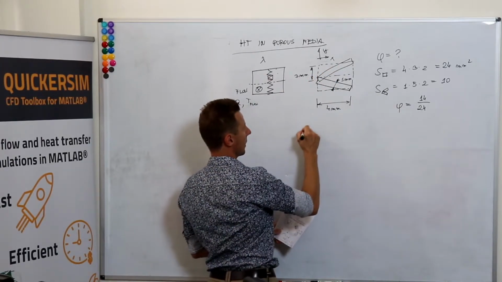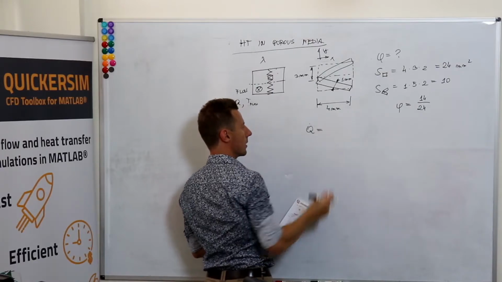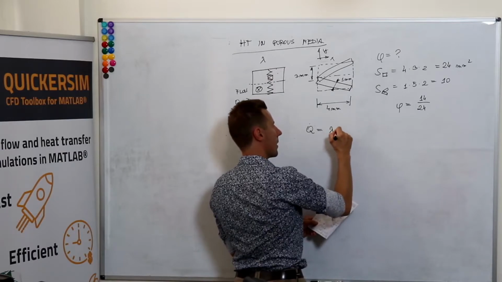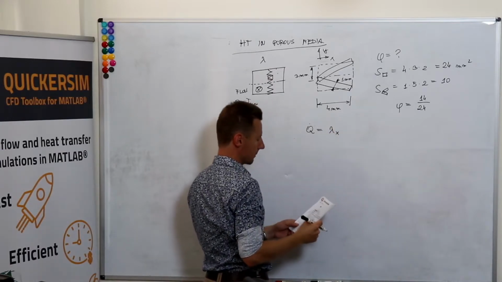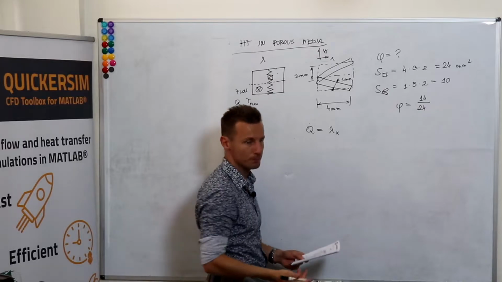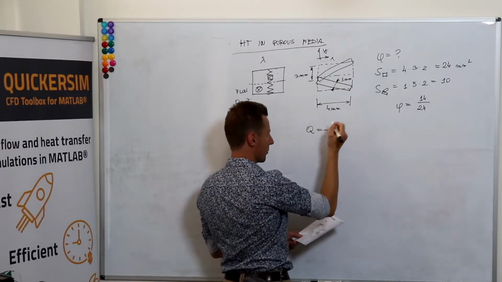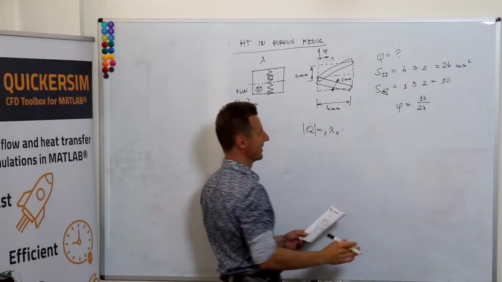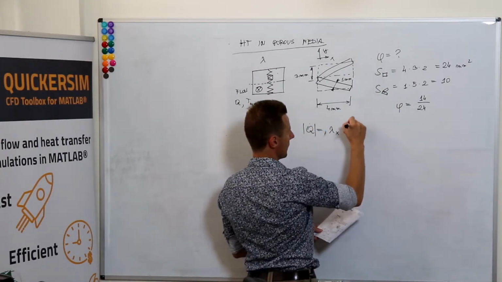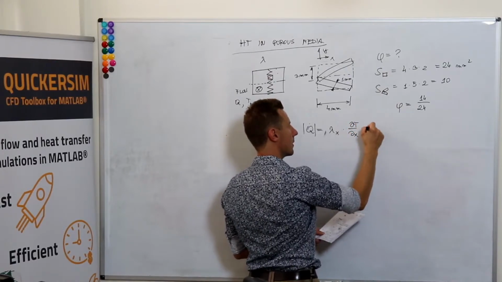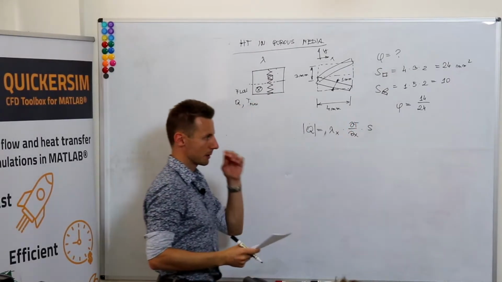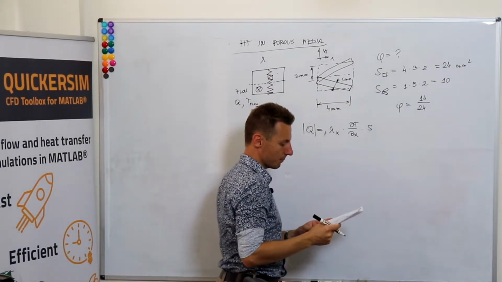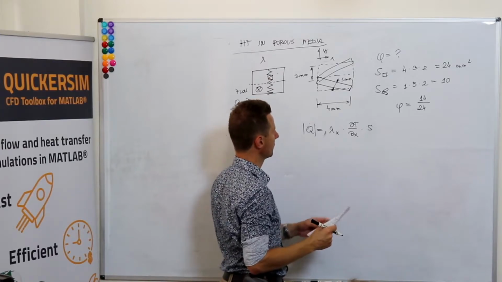So let's try to write such an equation. Total heat flux would be proportional to lambda x, that we do not know, times, or minus, but we can say we are interested in magnitude, really, times the temperature gradient times surface area. Okay, so let me do that.